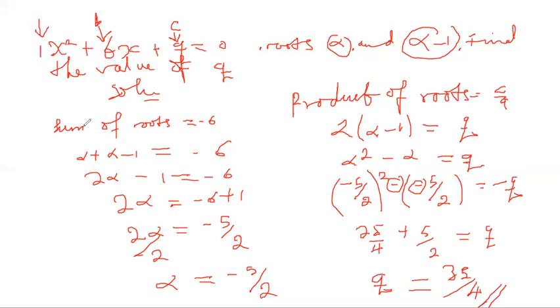Remember here we said the sum of roots is equal to negative 6, so we used the formula negative B over A. And for the product, we still use the formula C over A. But the value of C is q and the value of A is 1. So when we divide q by 1, it gives us q.